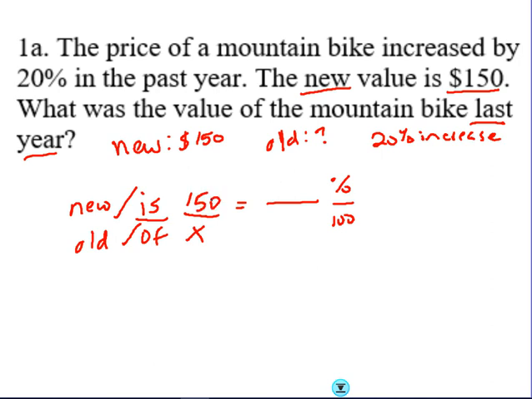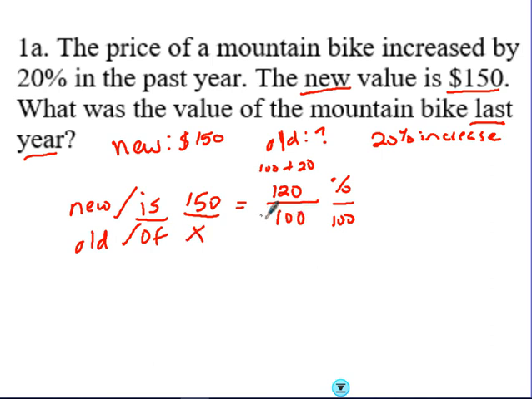But what's happening here is, if the price increased by 20%, that means that initially we had 100% for the cost of the bike, but then it was increased by 20%. So altogether, the new price of the bike, this $150, is 120% of the price last year, the old price. And as always, it's going to be 120% out of 100%.